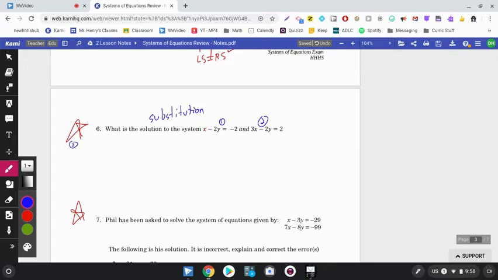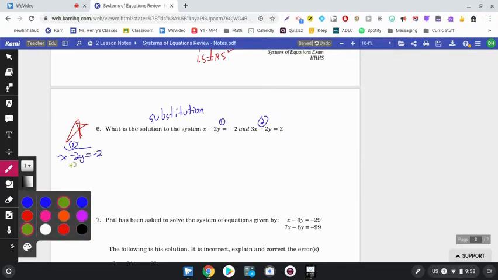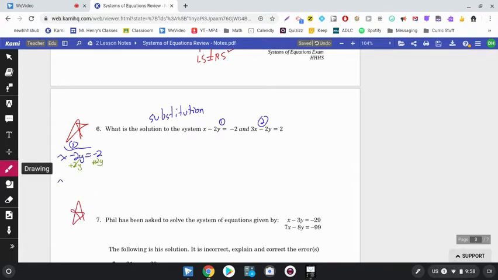I'm going to start with equation 1. x minus 2y equals negative 2. Well, add 2y to both sides, and I have x is equal to 2y minus 2. Okay? And then what this allows me to do, I rearranged equation 1, I'm going to substitute it into equation 2.